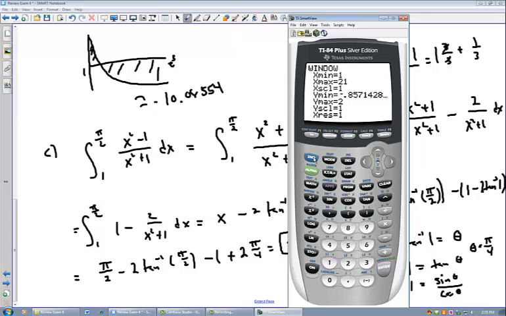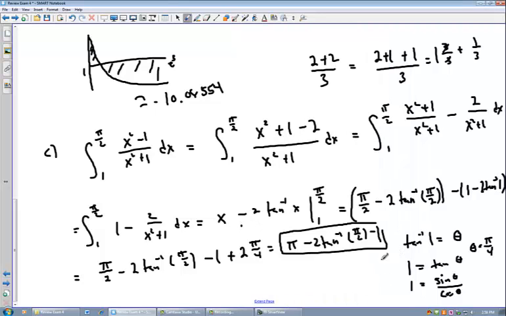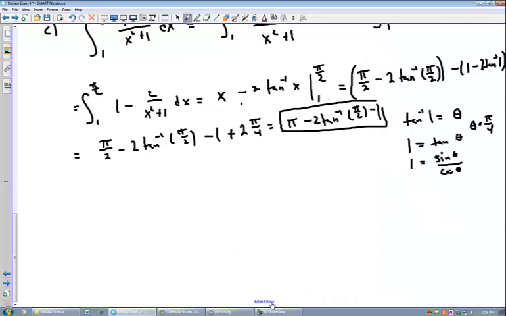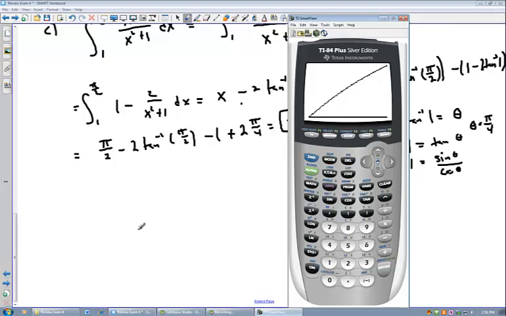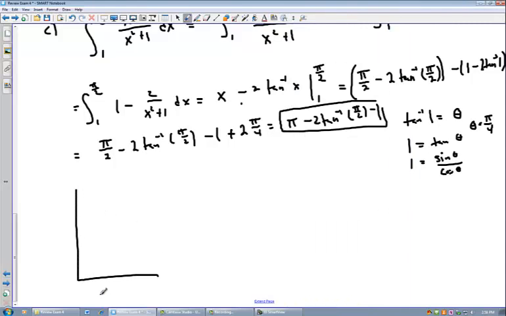So 1 enter, second pi divided by 2. And then I'm going to zoom fit it. And I should get a pretty decent looking graph. All right, so there it is. So let's extend the page and draw the graph. So it looks just like this, from 1 to pi over 2.